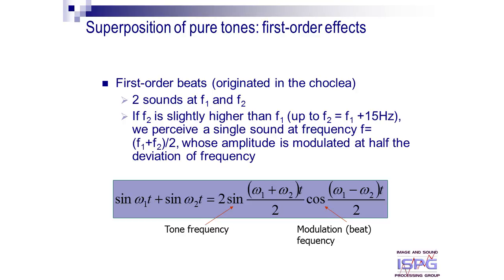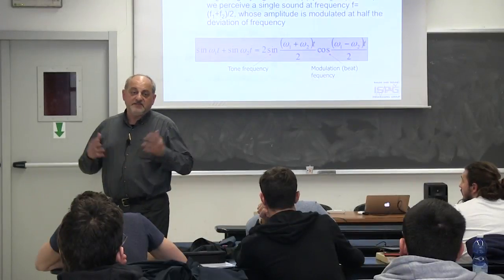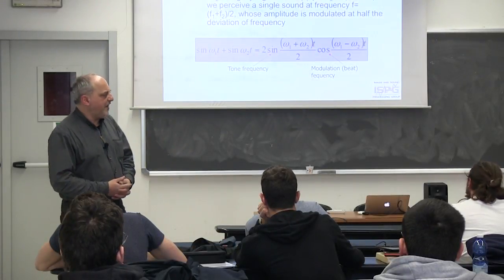You now have two pure sounds, two sinusoidal sounds, at a very close frequency to each other, F1 and F2. We assume that the distance between F1 and F2 is very, very small, for example around 5, 10, 15 hertz, no more than that.